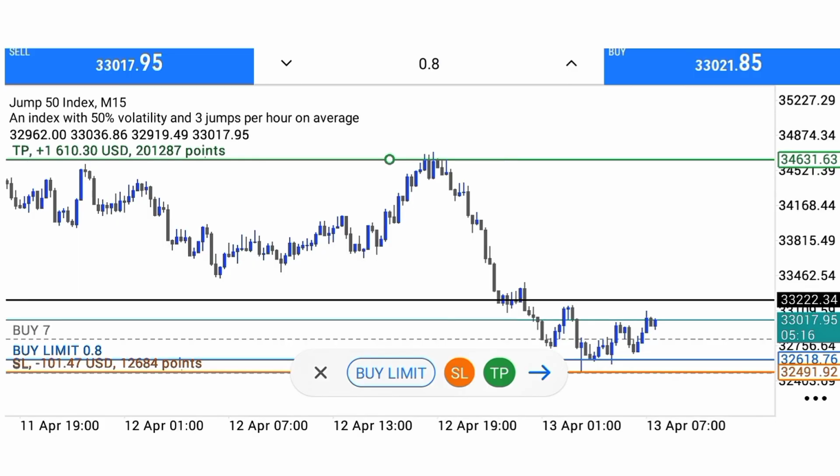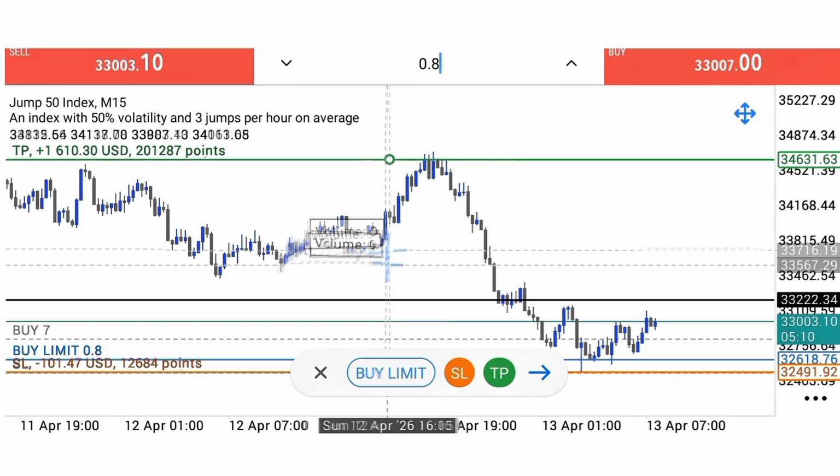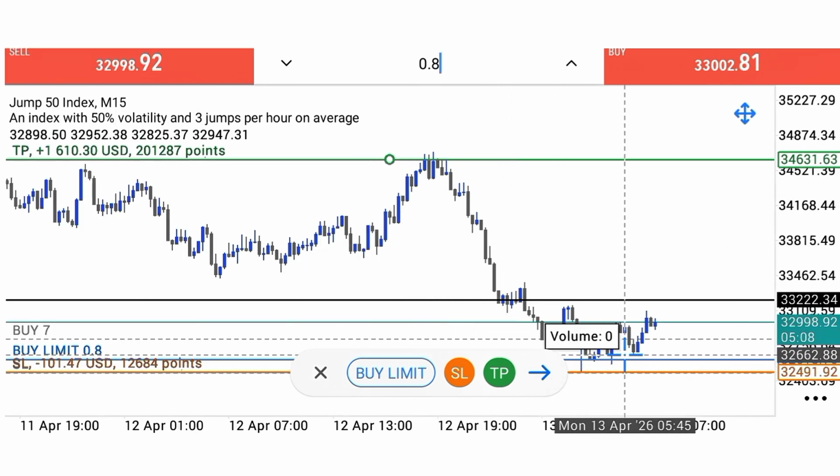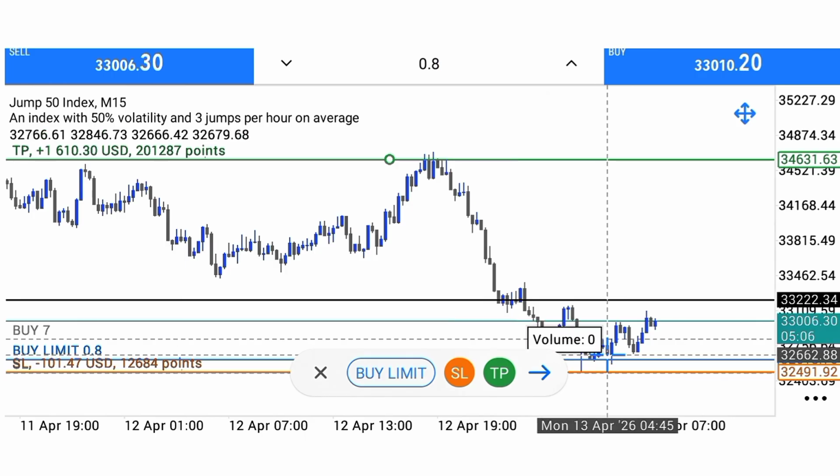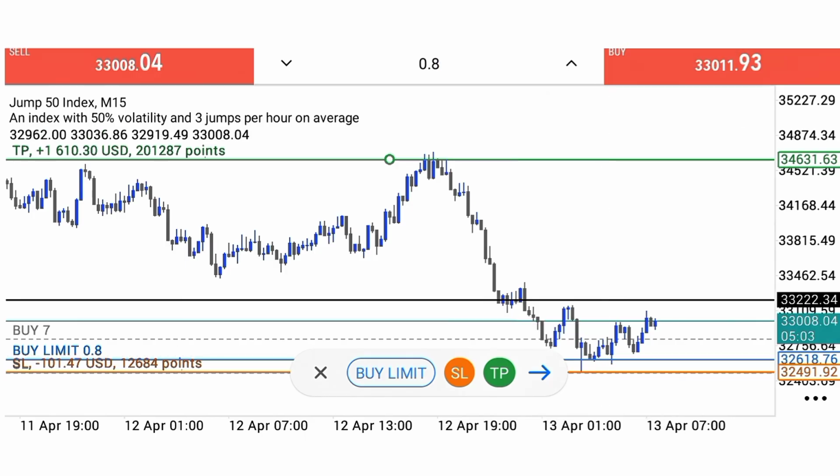All right, let's say I risk that same amount on this trade with a lower entry, from this point here, I'll be making $1,610. Jesus Christ, $1,610 for the trade, man.